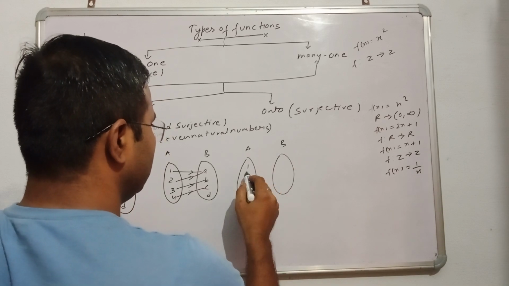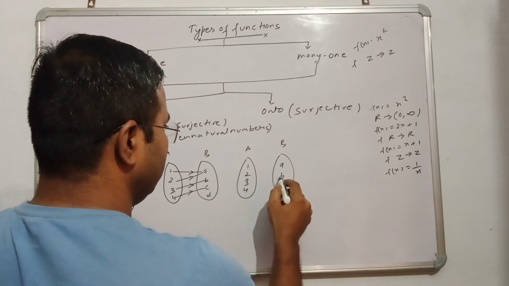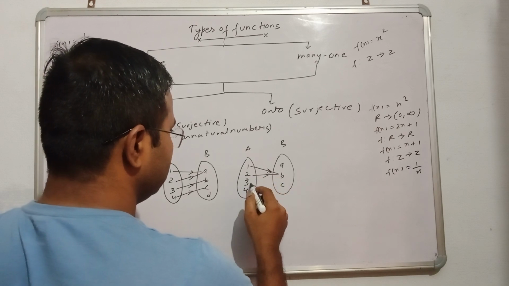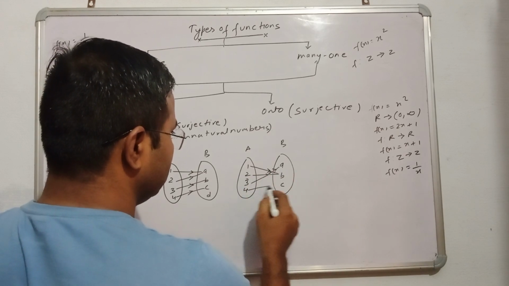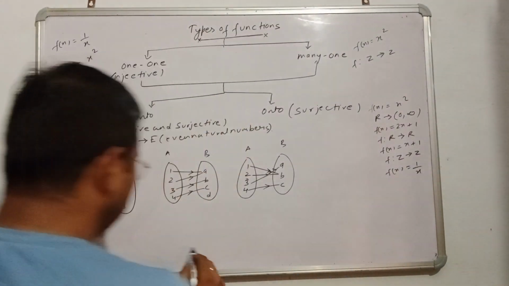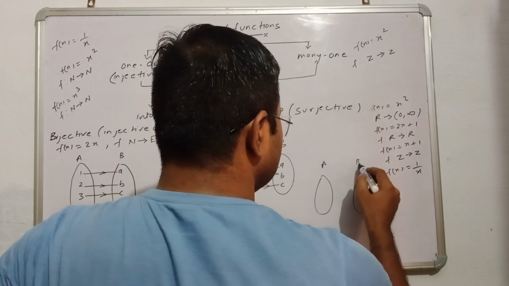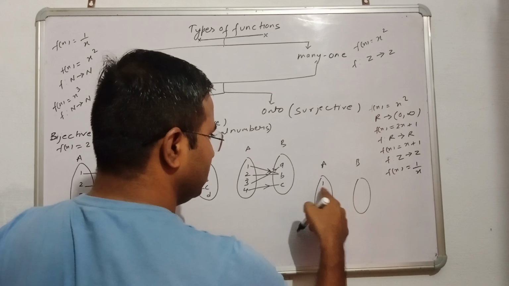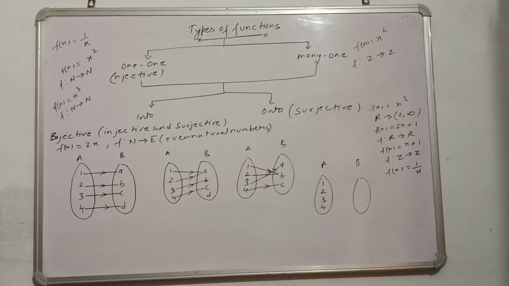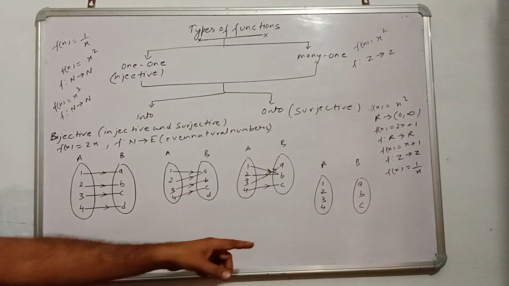Sets 1, 2, 3, 4 and A, B, C. Let us draw one more. Sets A and B, with 1, 2, 3, 4 and A, B, C. Okay, I will tell about this later.